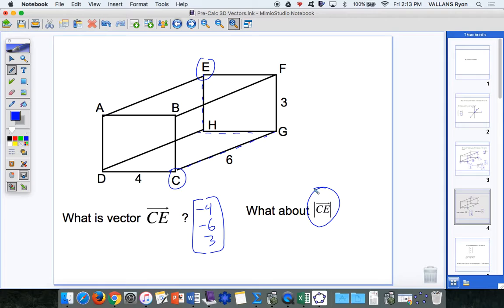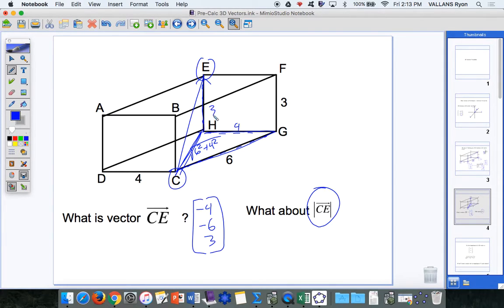If I wanted to find the magnitude of C to E, well, that's tough. I can find this magnitude, no problem, because this one is 6 squared. This is 4, so this distance here is 6 squared plus 4 squared. Take the square root of that. That's this length. This height is 3.